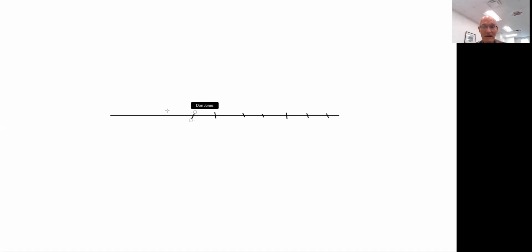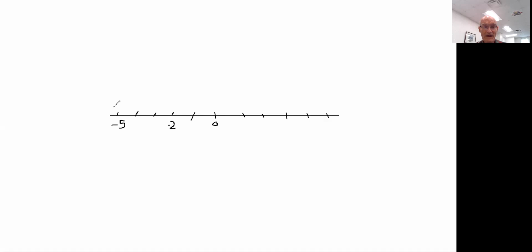Going back the other way, 1, 2, 3, 4, 5. So this point right here would be 0. This would be -2. This would be -5.